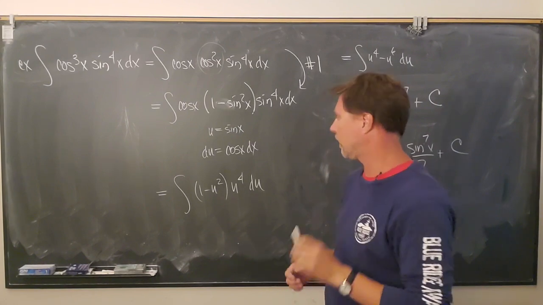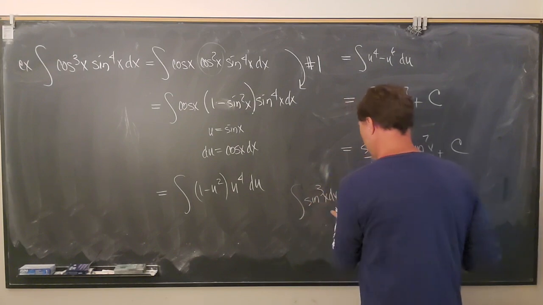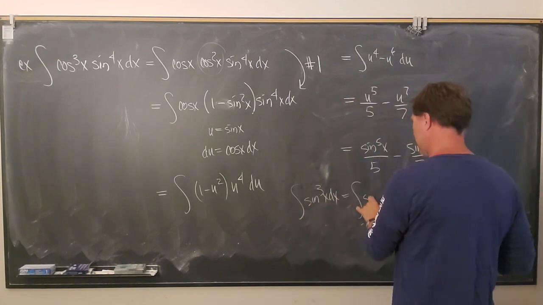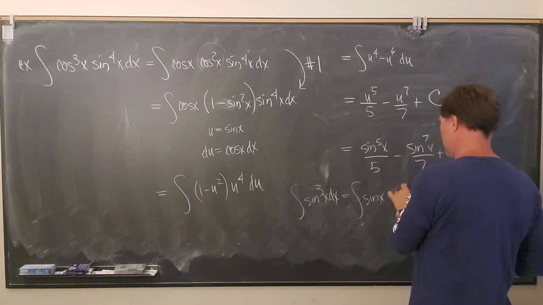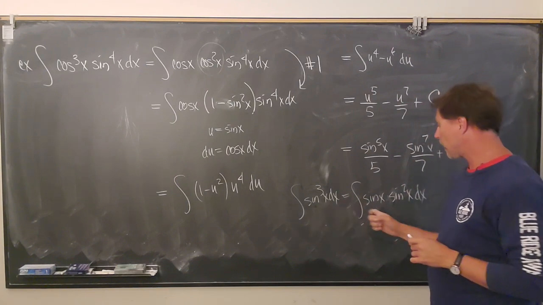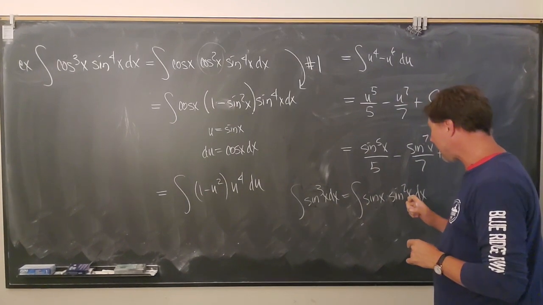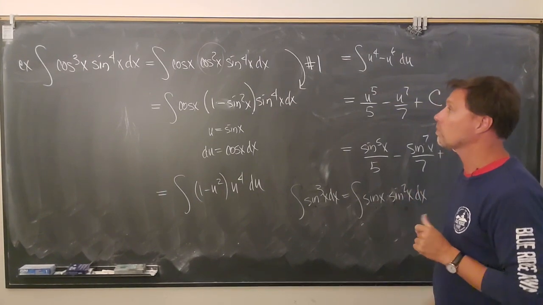In sine, when I integrated sine cubed, remember what happened? We got a sine x times sine squared x dx. Because it was odd, when I peel off one factor of sine, I get an even power of sine. That's where I could apply identity number 1.